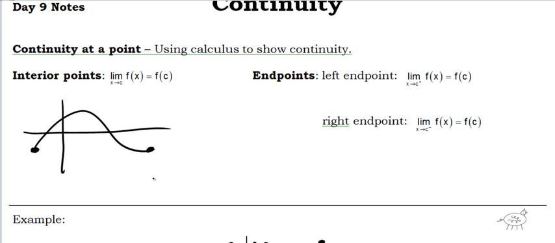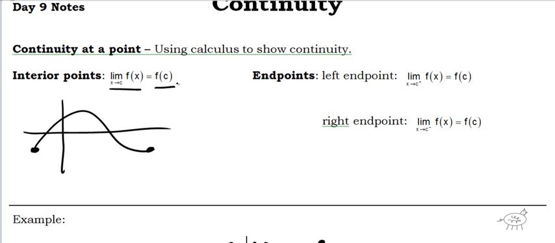In order to prove that a function is continuous at a point, two things have to be equal. The first one is the limit as x approaches c.